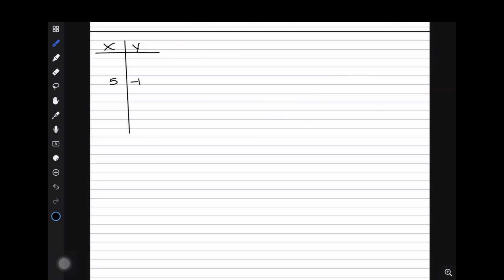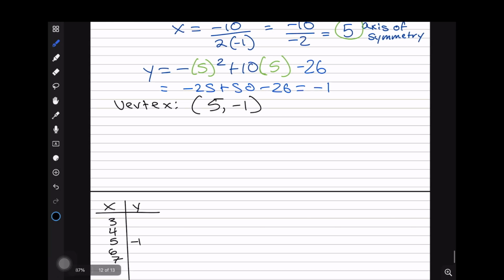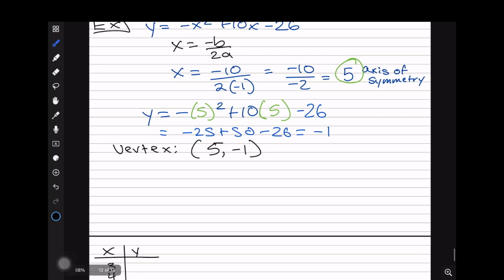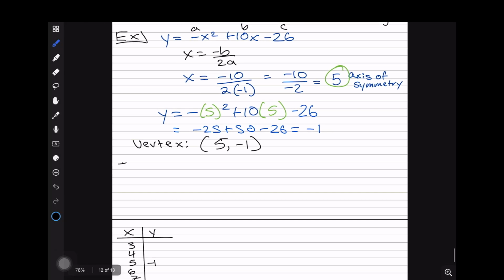Now, when you're making your table, you want to put the vertex in the middle of your table. So you're going to have 5, negative 1 in the middle, and then you go back. For your x, you're going to go back to 4, back to 3, and plug those values into the original equation to find the y value.